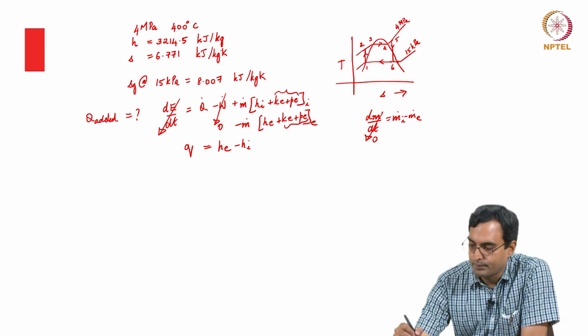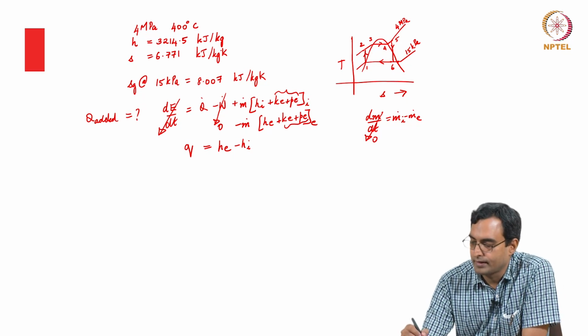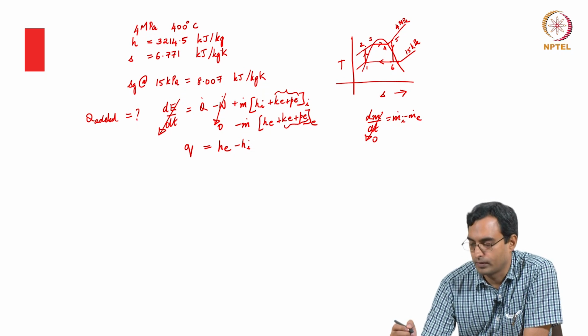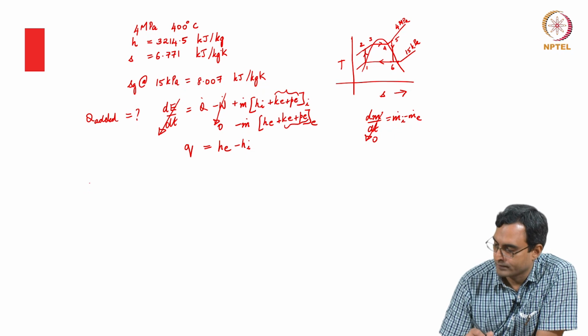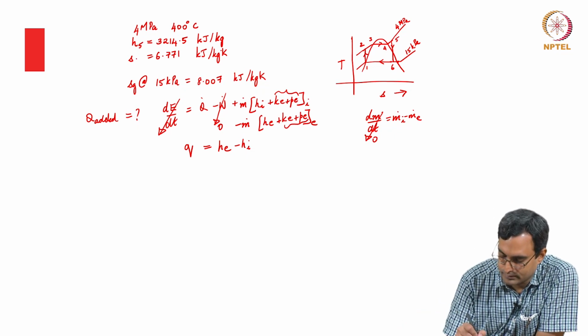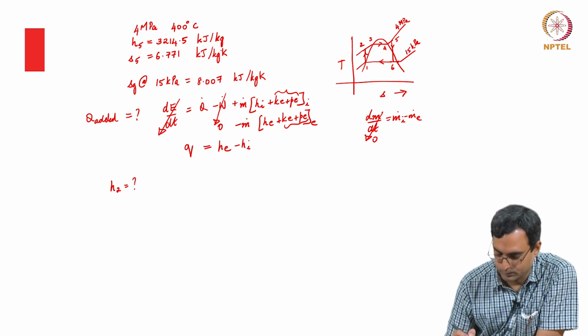The enthalpy at the exit is the enthalpy at this point. I have already found out that. I need the enthalpy at the inlet, which is the enthalpy at this point. I need to find out that. So, what I need to find out now is H5 is this over here. I need to find out H2.